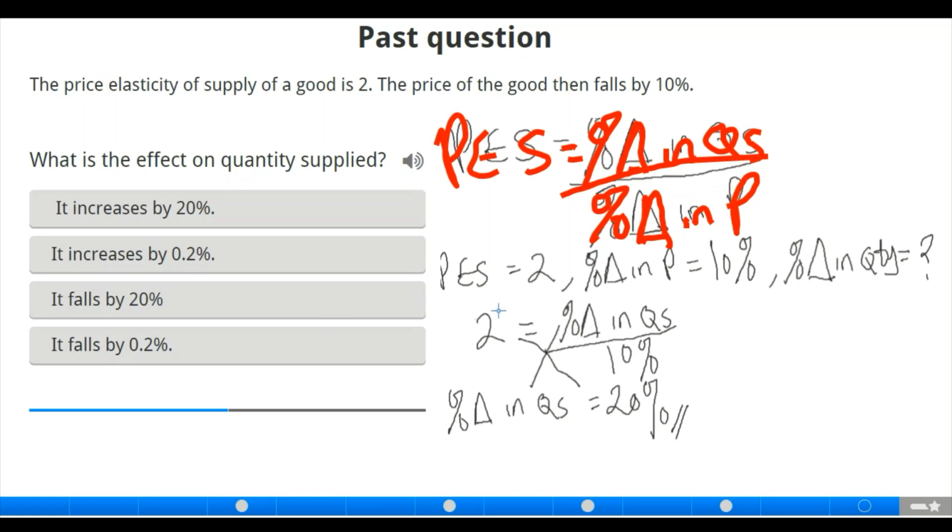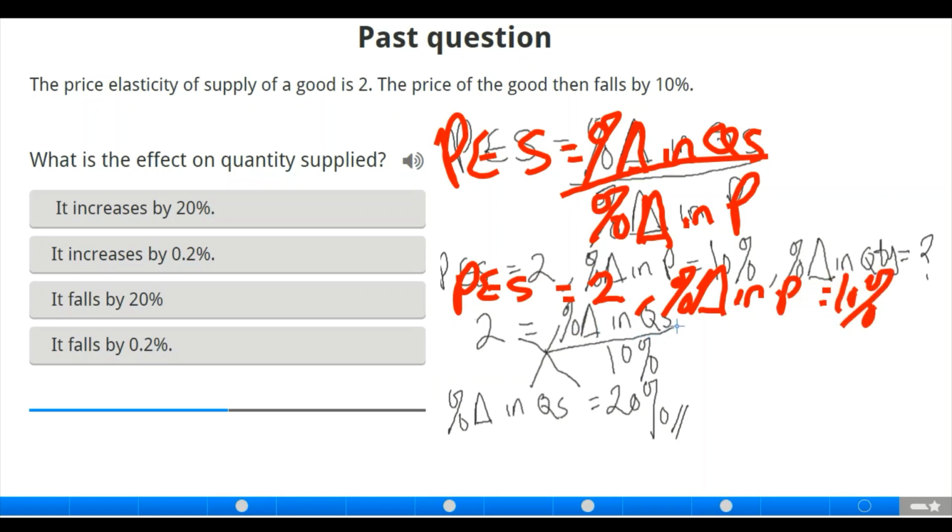Of course, we were given our price elasticity of supply, which is 2. We are also given the percentage change in price, which is 10%. But our percentage change in quantity is not given.